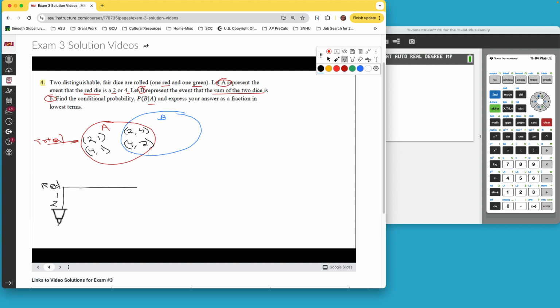We've got 1, 2, 3, 4, 5, 6. Just going to do this out. And then we know that if the red die is 2, what are all the different options? The green could be a 1, a 2, a 3, a 4, a 5, or a 6. So there are 6 different options.